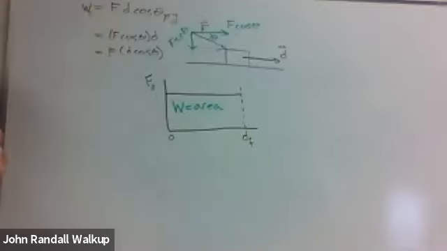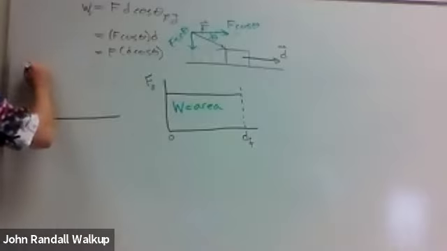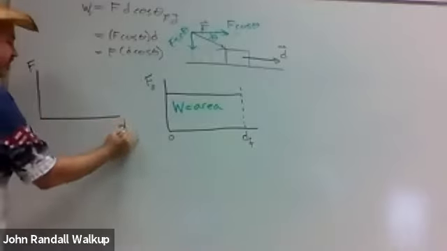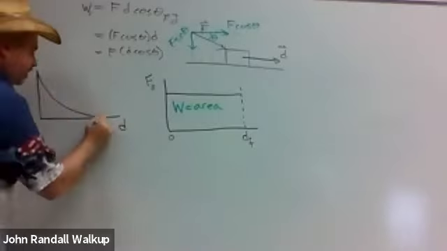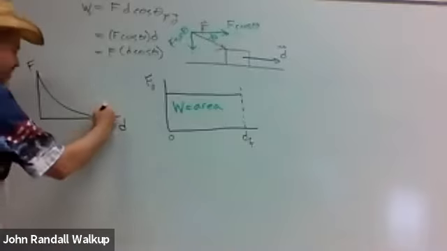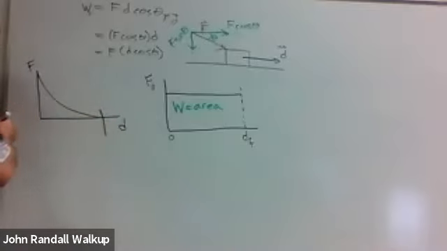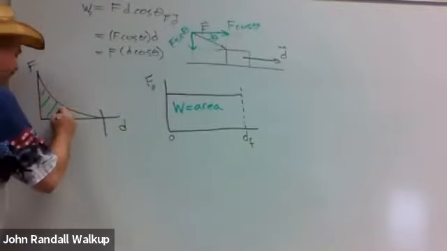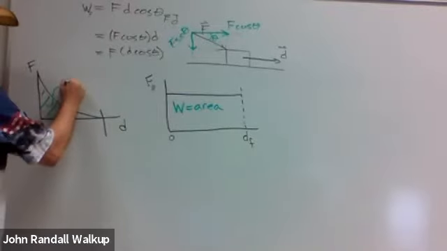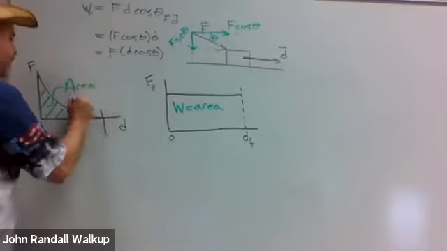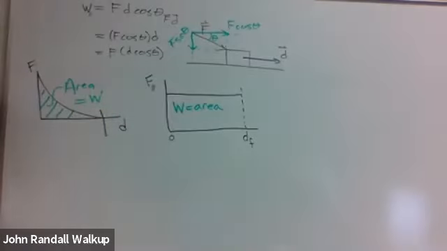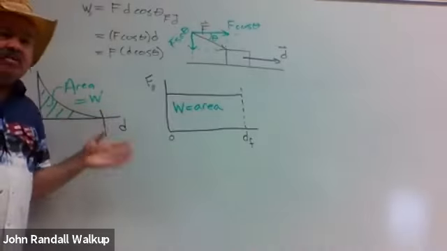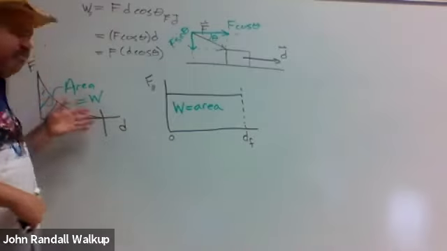So if I give you a problem where I plot the force as a function of displacement and it looks like this, and I want you to find the work done, all I have to do is find the amount of area under this curve, and that area is equal to the work. Now, how do you find this area? Well, you might have to chop it up in little pieces.